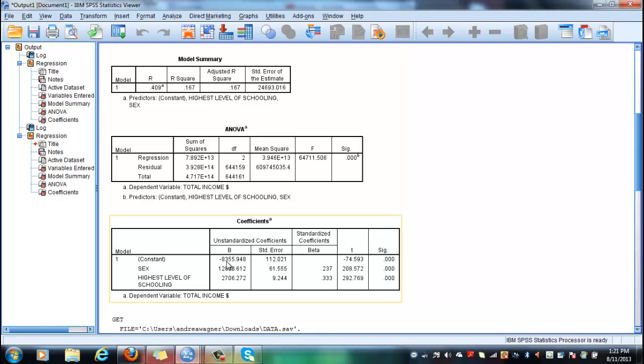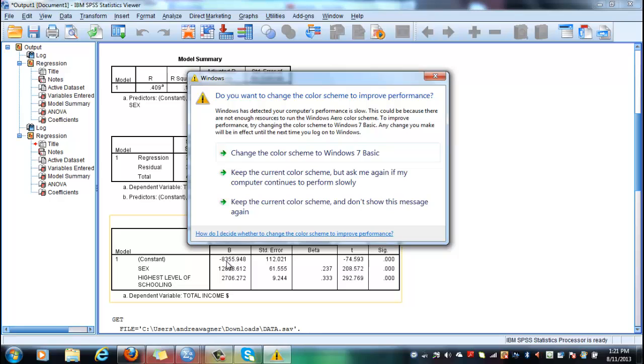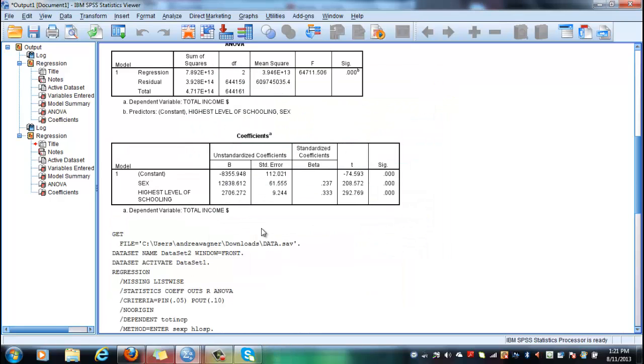So in our case, the independents are 0. So sex and education is taken as 0. And you will be owing someone or the government $8,355 without any education and without taking gender into account. This is what constant shows you.